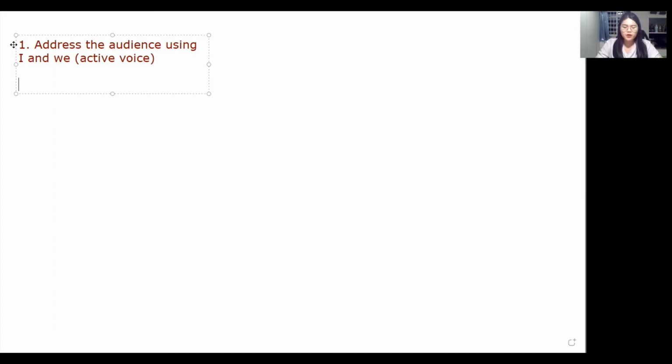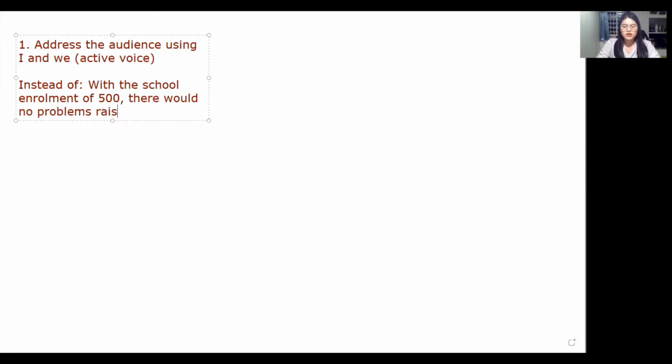So for example, a bad example that I can give is, instead of saying, with the school enrollment of 500, there would be no problems raising the target amount of $5,000.